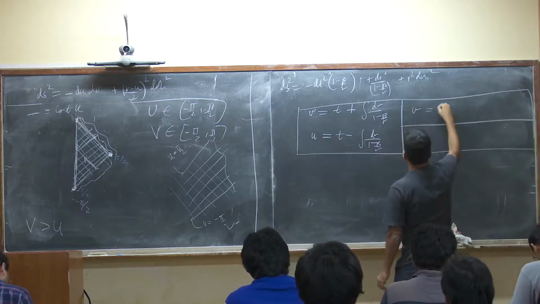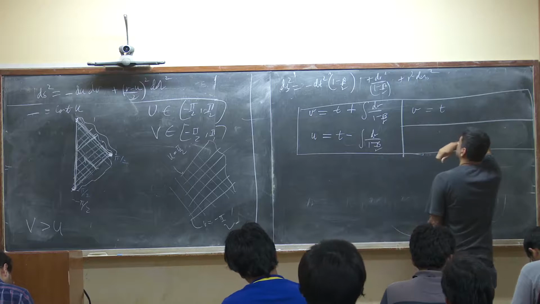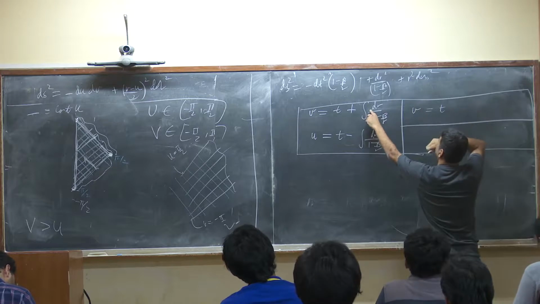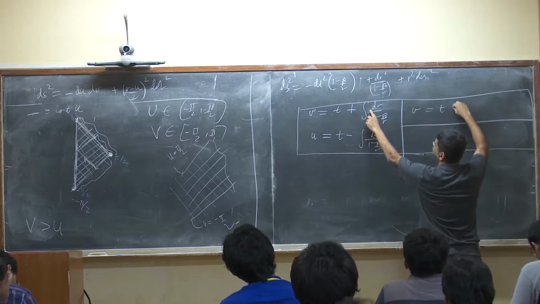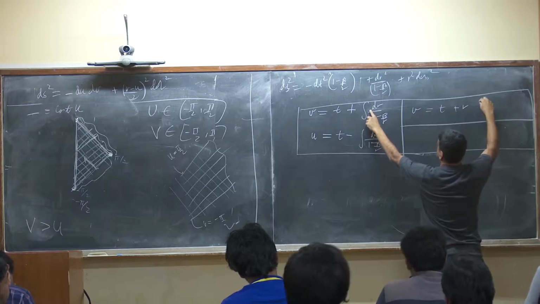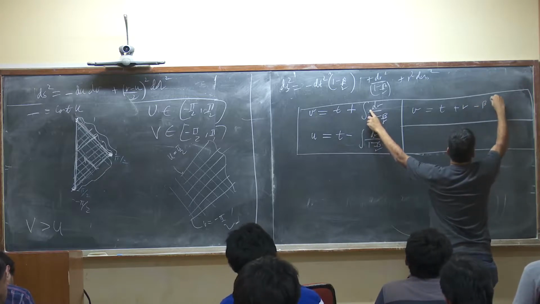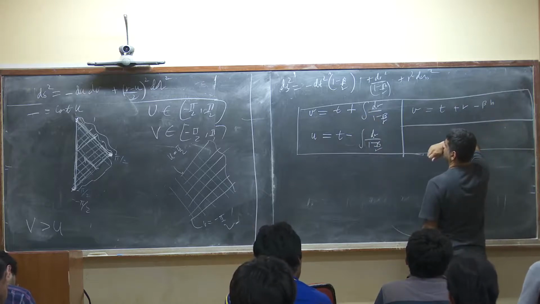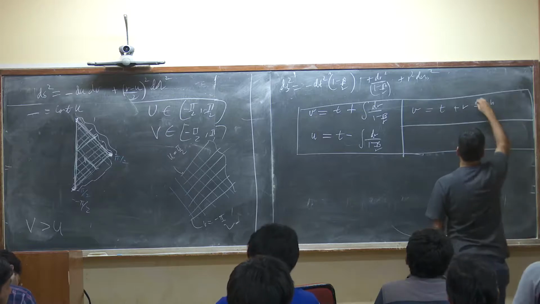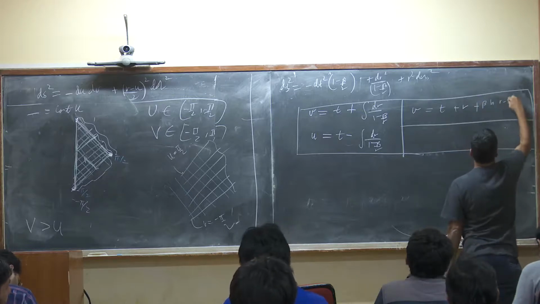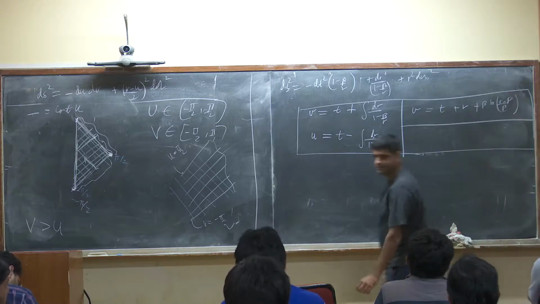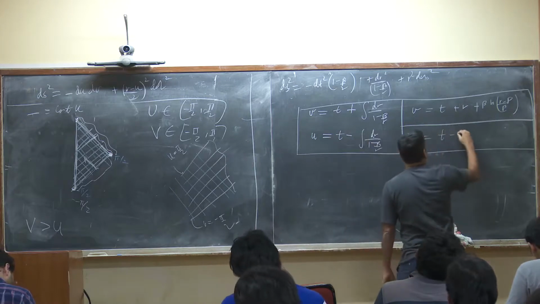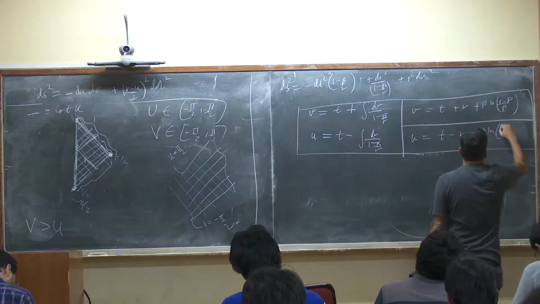So v was equal to t plus r plus beta log of (r minus beta) by beta. That's a choice of integration constant. And u is equal to t minus r minus beta log of (r minus beta) by beta.